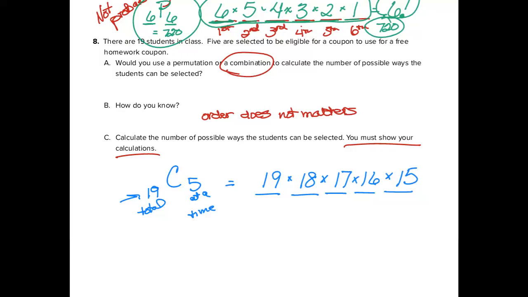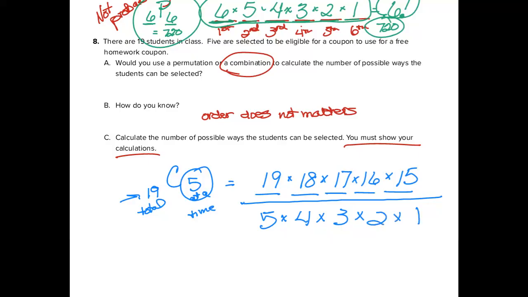If we just left it like that, that's a permutation of 19 items taken 5 at a time. For the combination, you then take that number and you divide it by 5 factorial, which is 5 times 4 times 3 times 2 times 1. Okay?